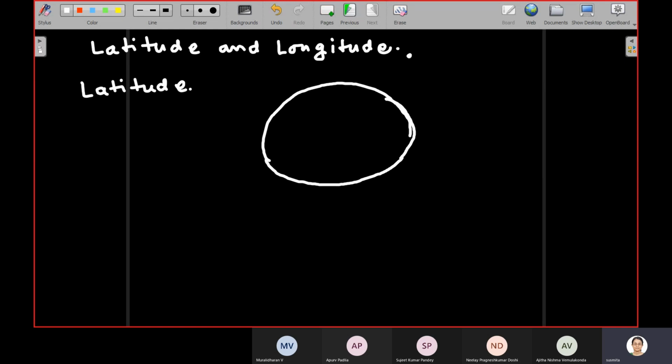So let's say we are interested in finding the latitude of this point, whose geodetic height is h. So geodetic height is nothing but the normal distance of the point from the reference ellipsoid. Okay.